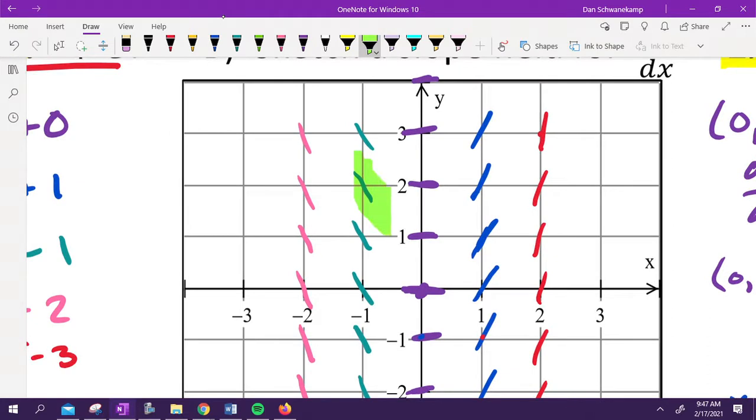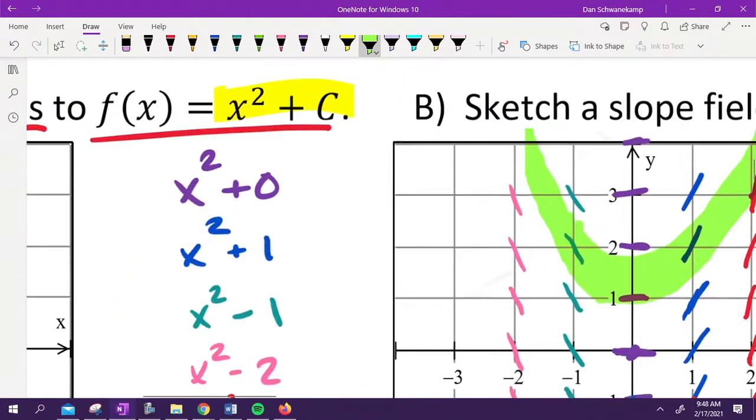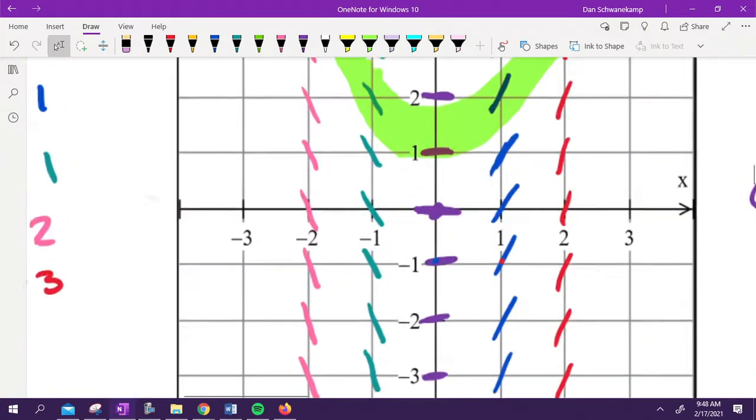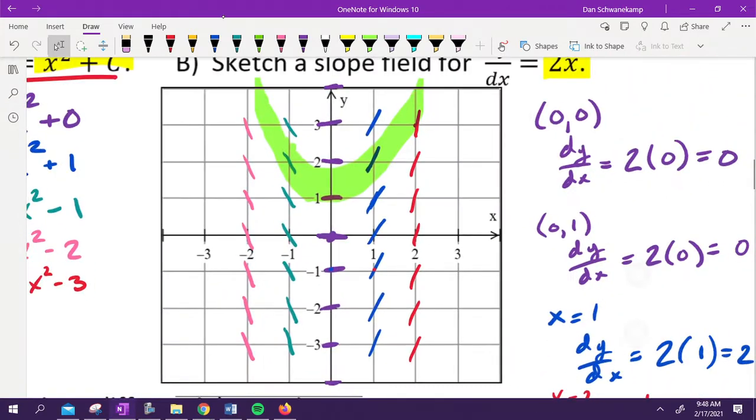I'd go down, I'd go flat right there, and then as I go this way, it would go back upward. Oh yeah, it would make a parabola just like we graphed over here. This is a graph of the differential equation of the slopes. The green line is a more specific version of that. And we'll get to that more in the future.